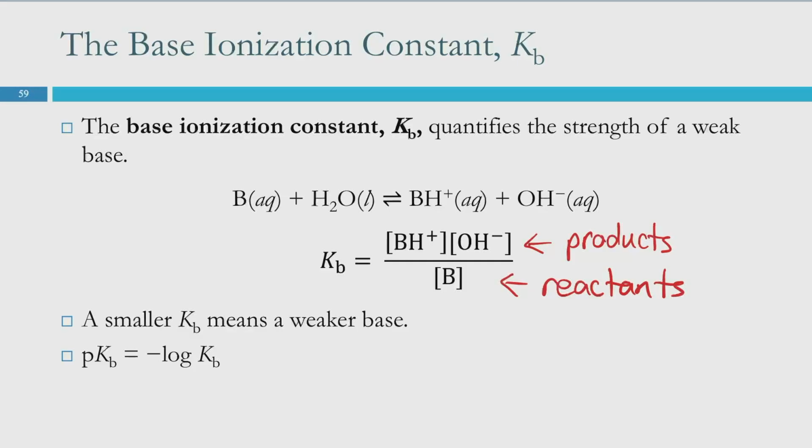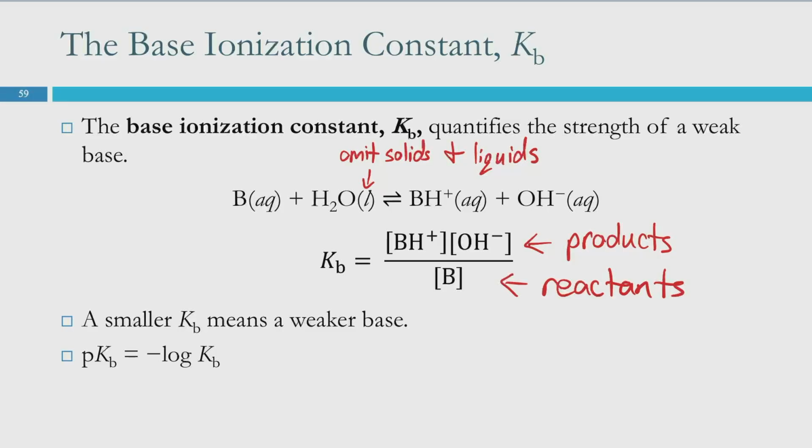Notice that we're omitting H2O because it's a liquid. So solids and liquids, we don't care about them. A smaller Kb, more negative exponent, means a weaker base.